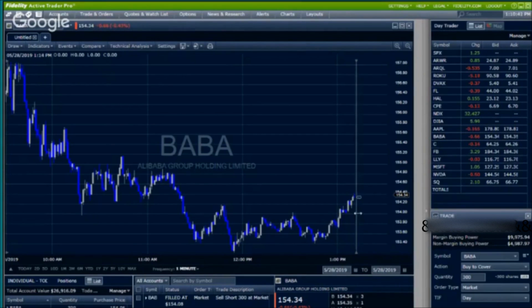There we go. So it looks like it hit its order, bounced right off that 154 level, and let's look to get out the best we can in the next 5-10 minutes.